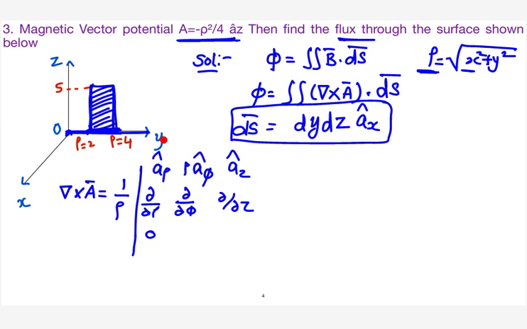You can say even d rho only, not a problem. But in this case specifically, it is the y-axis. That is the reason why I have considered dy. Okay. So what is the value of curl of A you got? 0.5 a rho cap. So let me verify. So rho component, phi component, and z component.